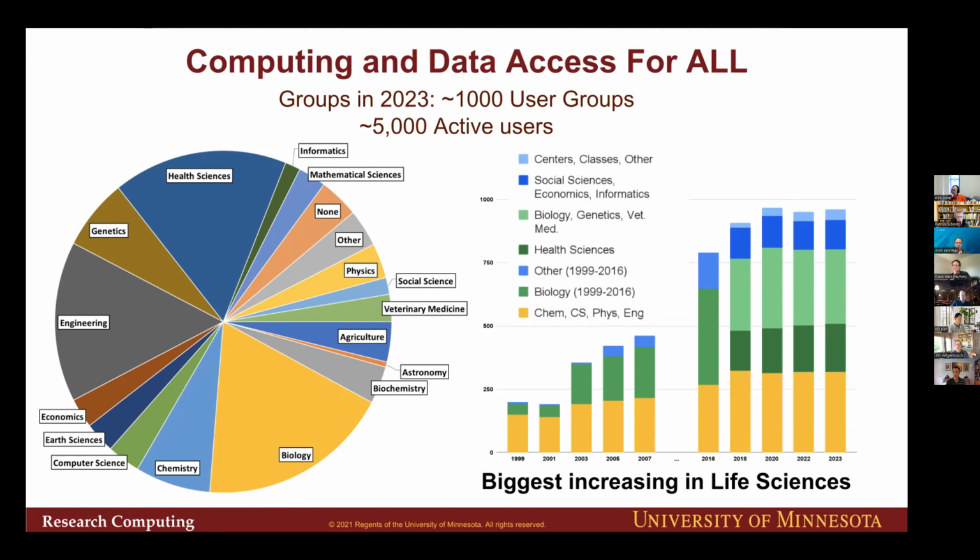And as you might expect, that yellow bar, which sort of represents some of the traditional sciences, has not grown as rapidly as the green and blue shaded bars, where we see life sciences growing largely from 2007 up to the late 2010s. And then we also are seeing now a trend where social sciences are growing, as well as our centers and other activities at the university.